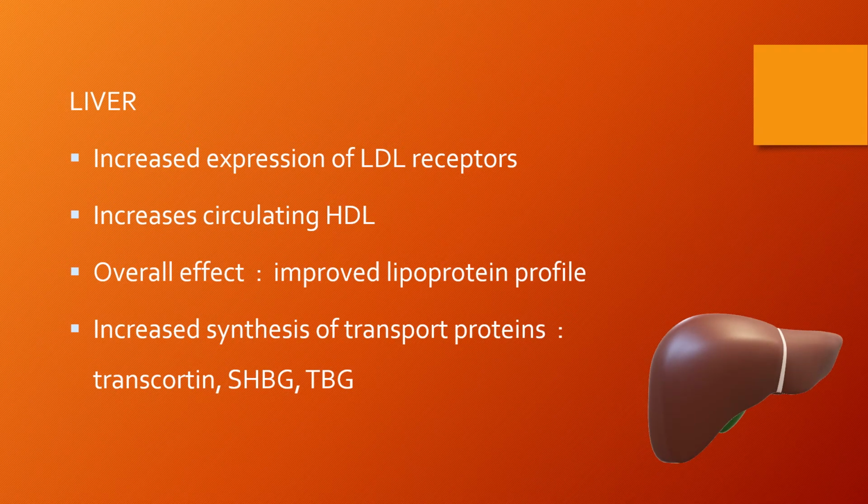So the effect of estrogen in the liver is that it increases the expression of your low-density lipoprotein receptors and increases the circulating levels of your high-density lipoproteins. So the overall effect of estrogen in the liver is an improved lipoprotein profile, and there's an increase in the synthesis of transport proteins like your transcortin, your steroid hormone binding globulin, and your testosterone binding globulin.